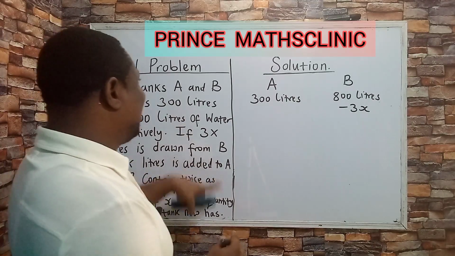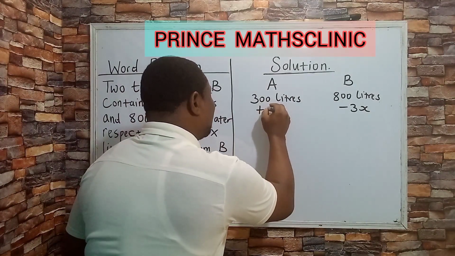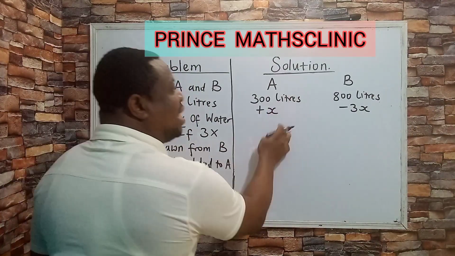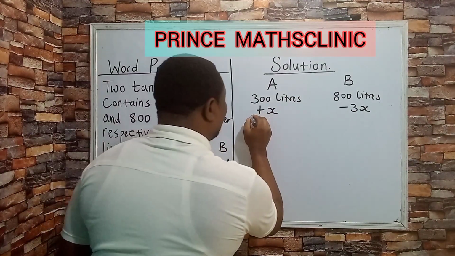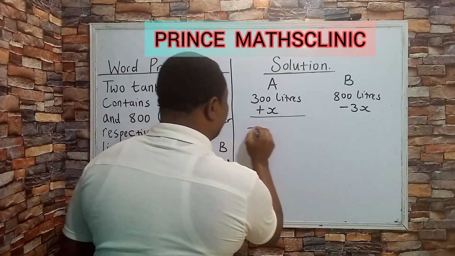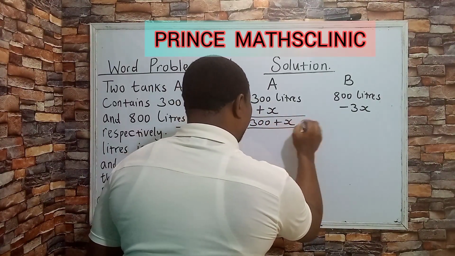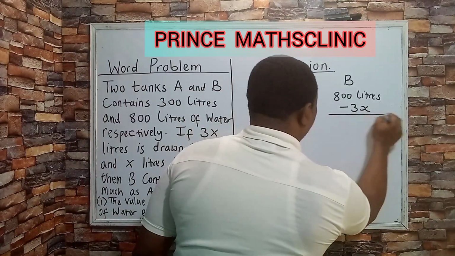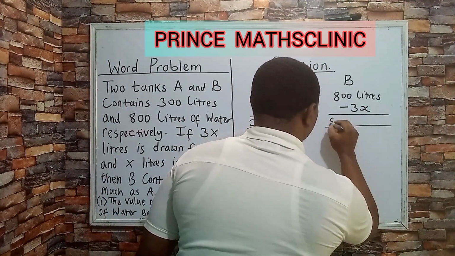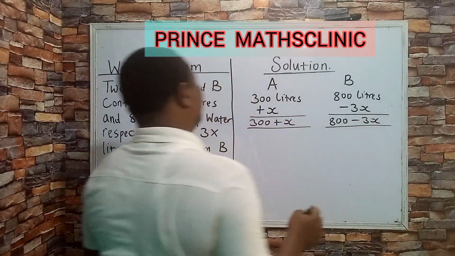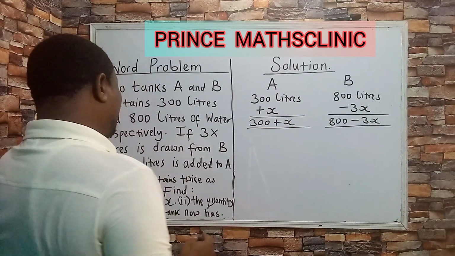X liters is added to A, this is plus x, right? Good. All are in liters, mind you. So you are going to add up. This becomes 300 plus x, while this becomes 800 minus 3x.